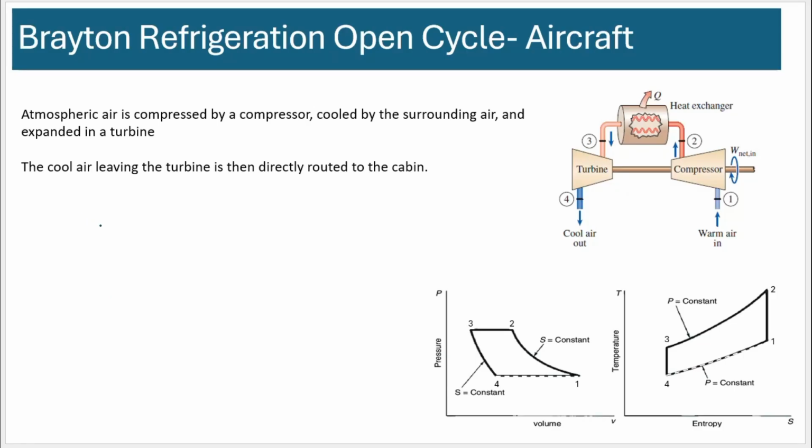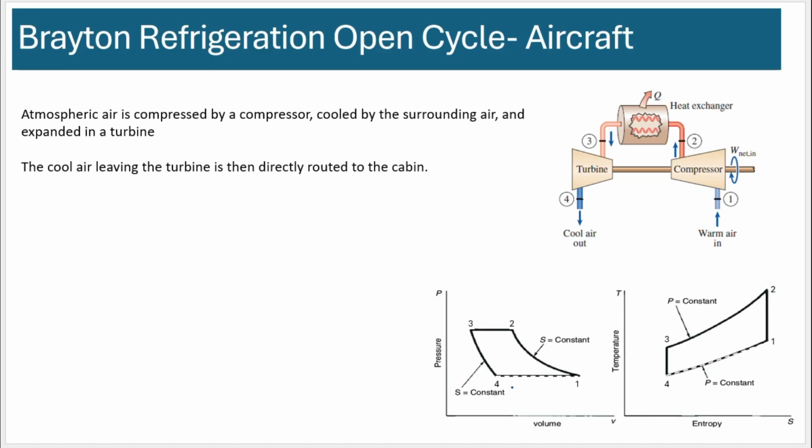Now, the aircraft refrigeration cycle is an open cycle. What I mean by that is if you consider a particular volume of refrigerant going through the cycle, it doesn't complete the cycle all the way, because cold air is put into the cabin, and the warm air that comes back is a mixture of outside air and also a little bit of recirculated air.